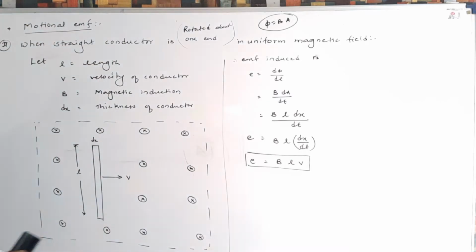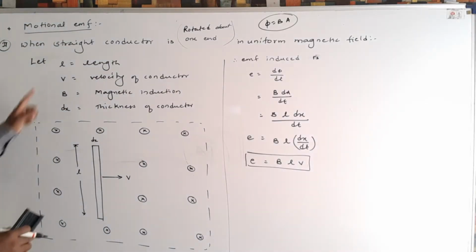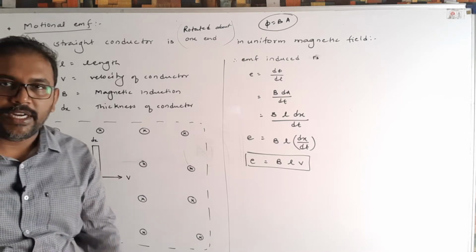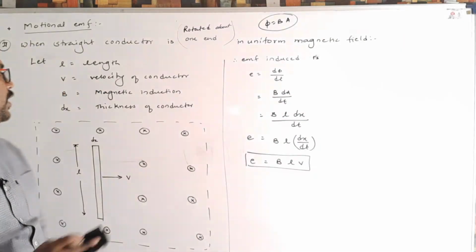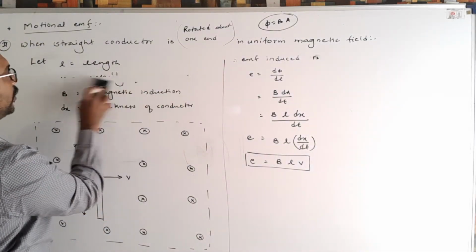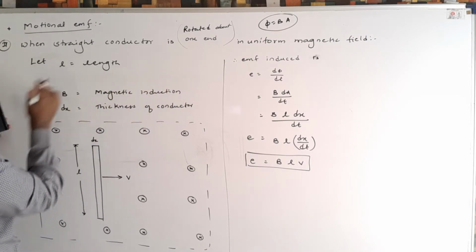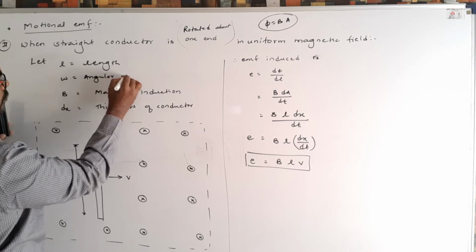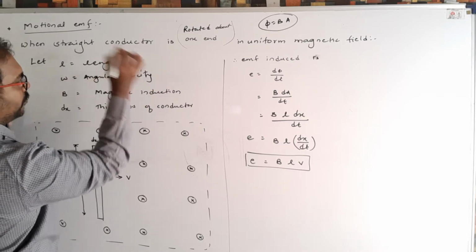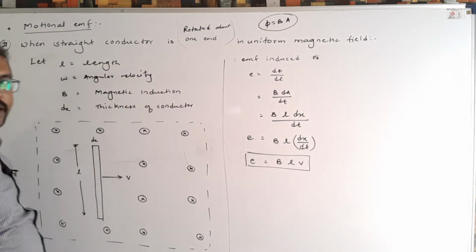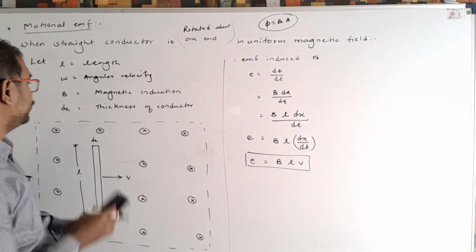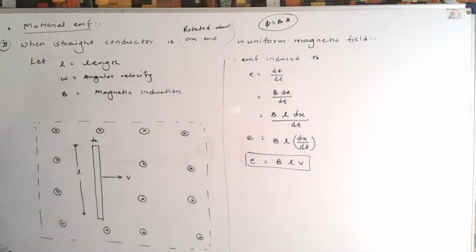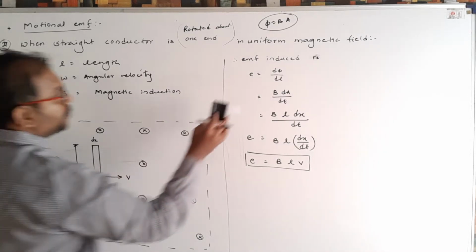So I consider a conductor of length L rotated with angular velocity omega, in a uniform magnetic field of induction B. Take it that we consider this.